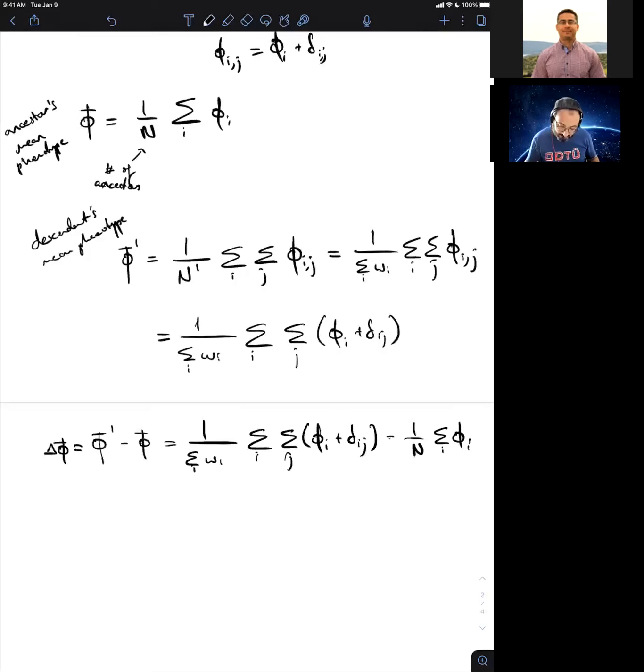So first, one thing we can do is, this is the sum of all the fitnesses, this here in the denominator.